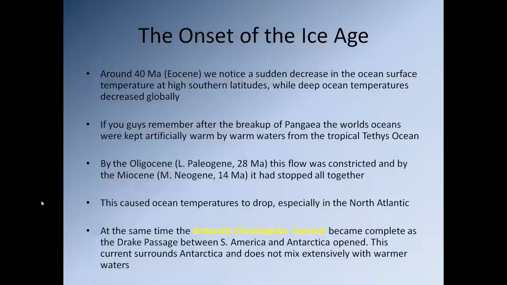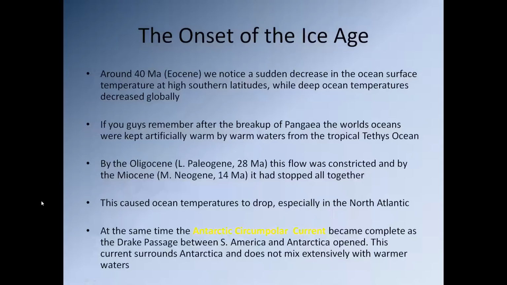So we also need to remember that we had a body of water which was referred to as the Tethys Ocean that sat approximately where the modern-day Indian Ocean was, or is, should I say, and the Tethys Ocean helped to give warm water to the surrounding oceans.